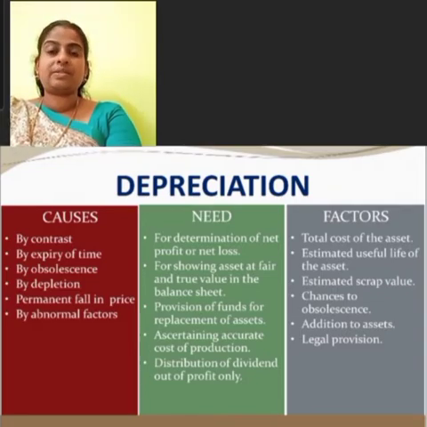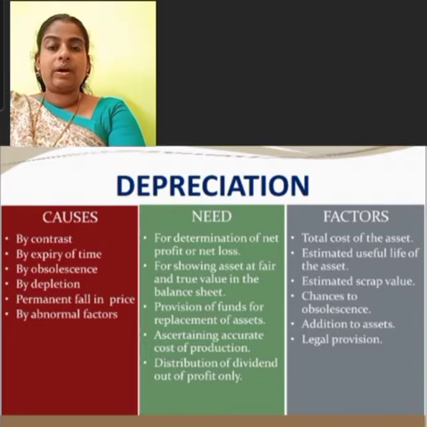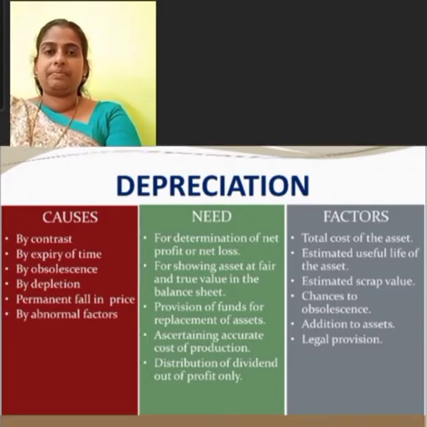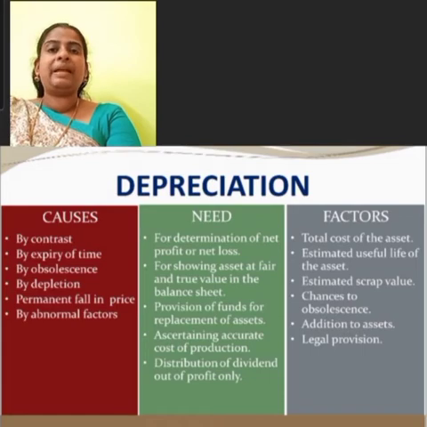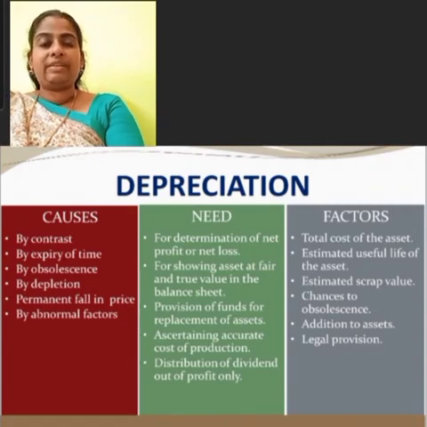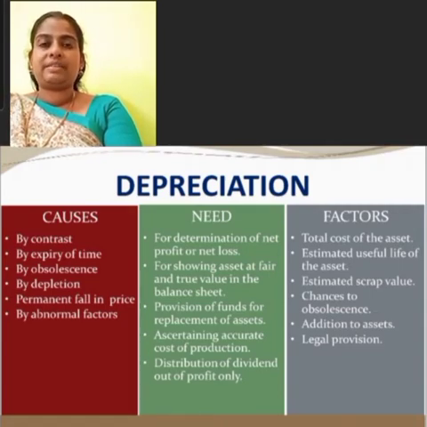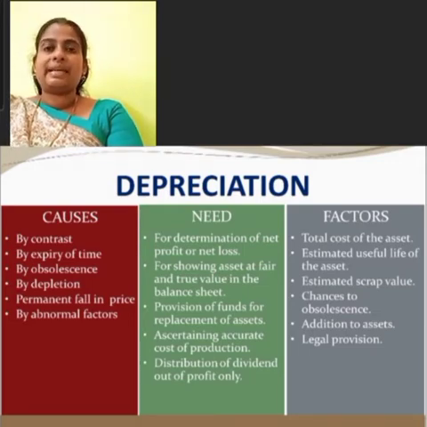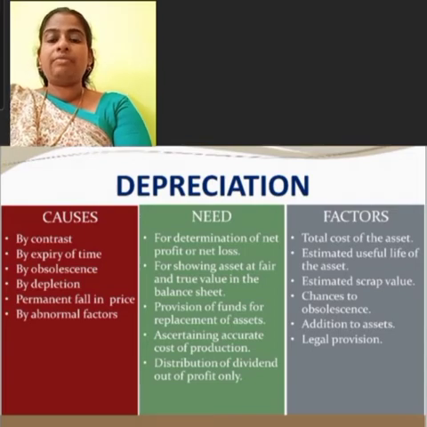The natural resources may be mines, quarries, etc. The loss of mineral wealth due to constant working of mines is also depreciation, but especially it is known as depletion. Then another point is by permanent fall in the price. Through fluctuation in the market value of fixed assets, it is not recorded in the books. Sometimes we have to account for these losses, such as permanent fall in the value of investments.